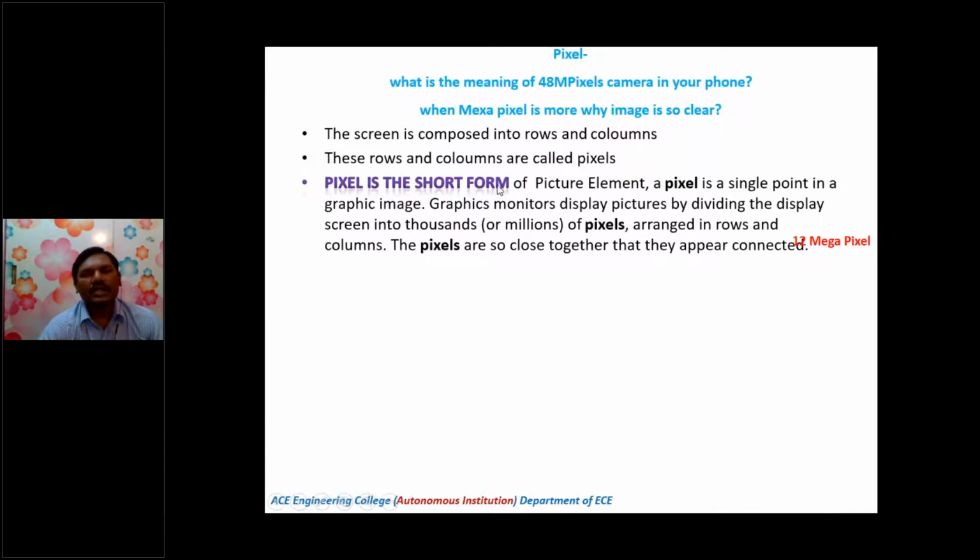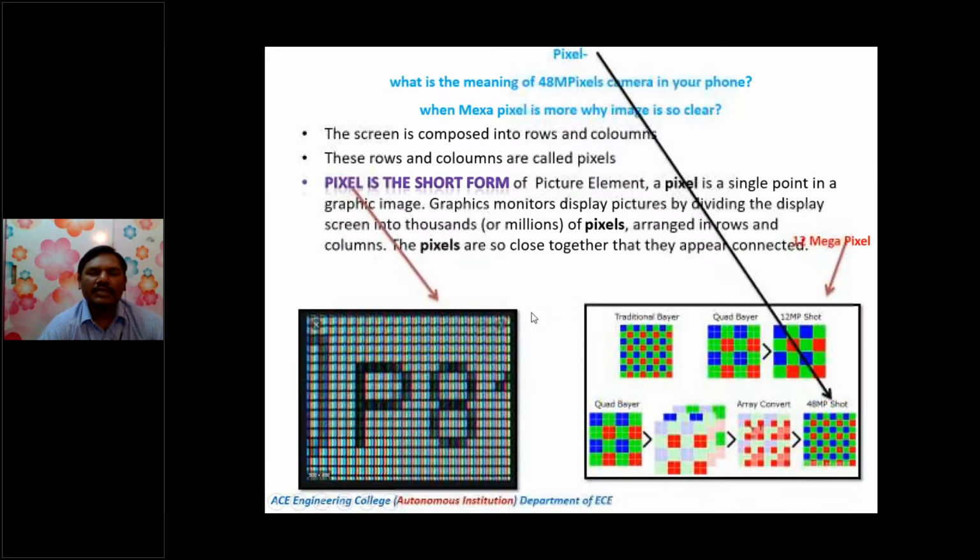Pixel is the short form of picture element. A pixel is a single point in a graphic image. Graphics monitors display pictures by dividing the display screen into thousands or millions of points arranged in rows and columns. That's why, if you see this, these are all called pixels, and here P8 is placed in this place.